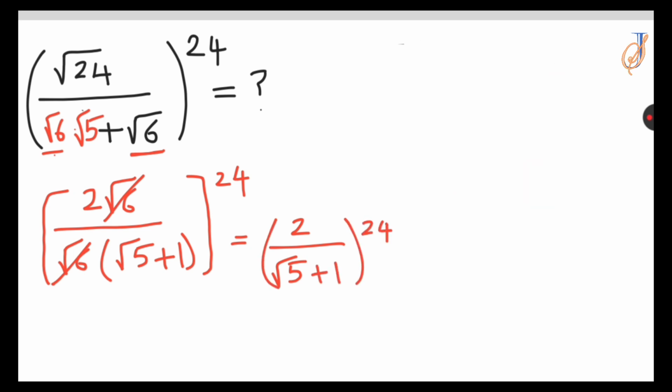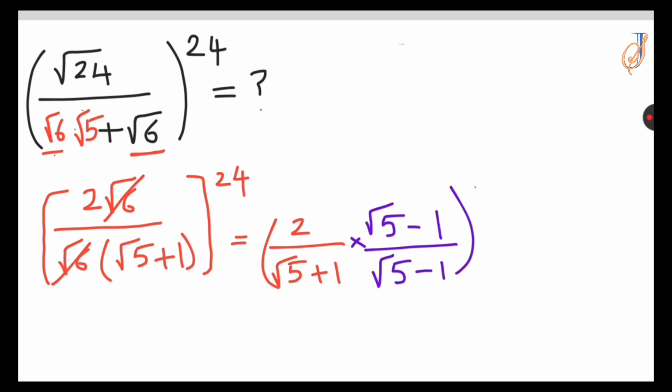Now observe this denominator, root 5 plus 1. If we rationalize the denominator, here we have plus, so you have to do it with minus: square root of 5 minus 1. So the numerator we have 2 times square root of 5 minus 1 over, at the denominator it is in the form of a plus b times a minus b.